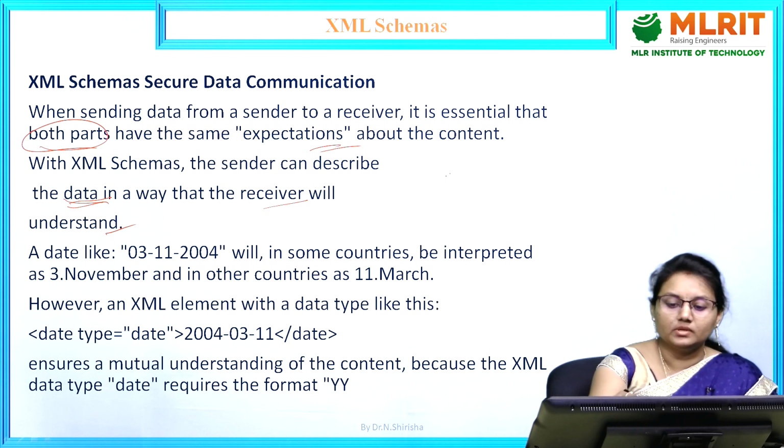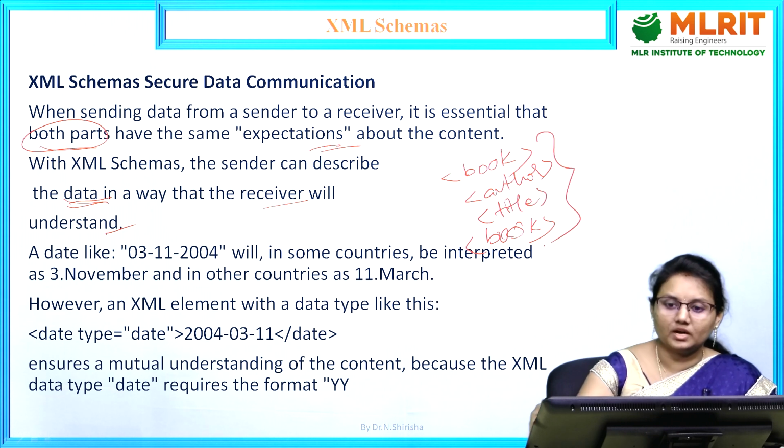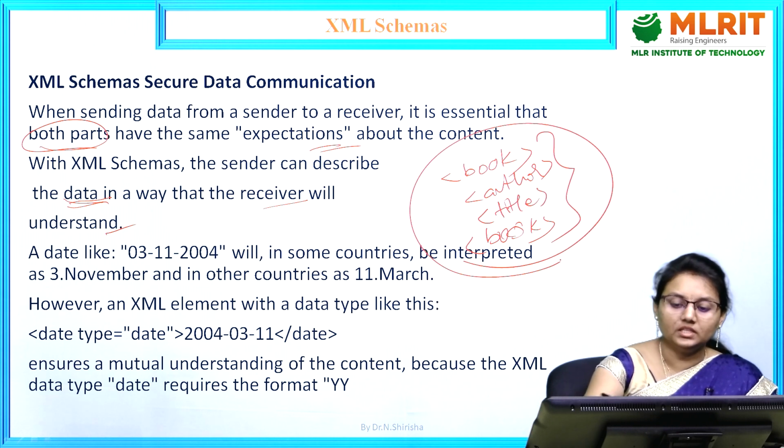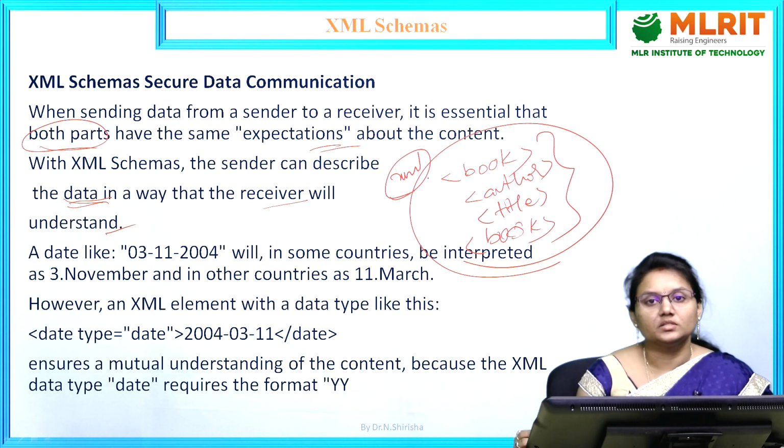Say I have a book. You have to give the author. What is the title? Suppose these are the fields you have. Among these fields, if you have to write an XML schema, you have to define them in a user-understandable way.